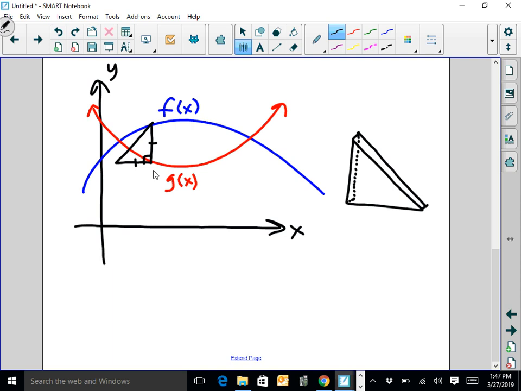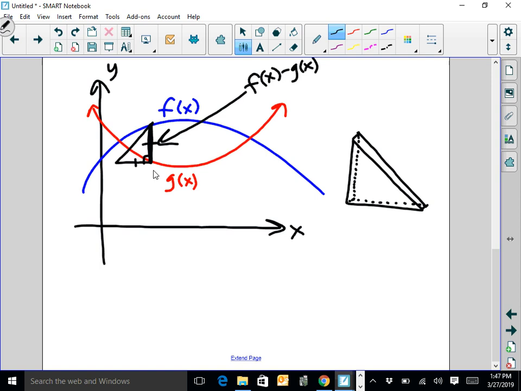So here is our isosceles triangle. I pulled it out, okay? But once again, what we have is this is the most important dimension right here. That dimension right there is always the difference of f and g. This length is f of x minus g of x. Top minus bottom, okay? So this is going to translate to right here.